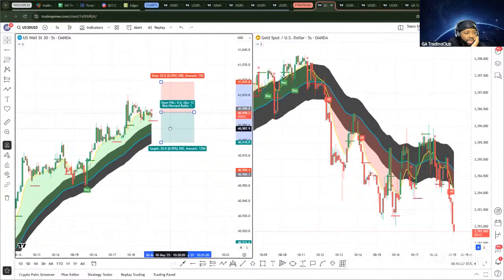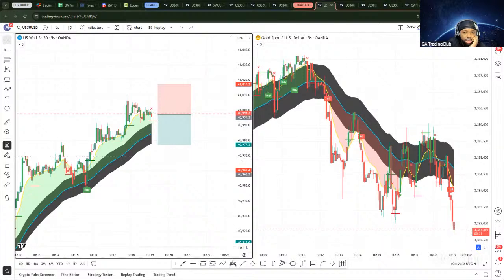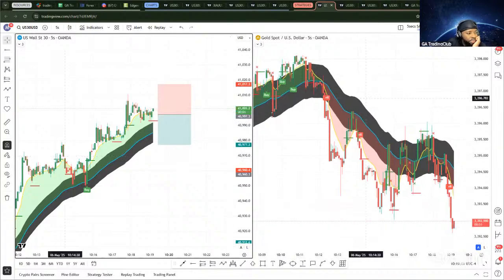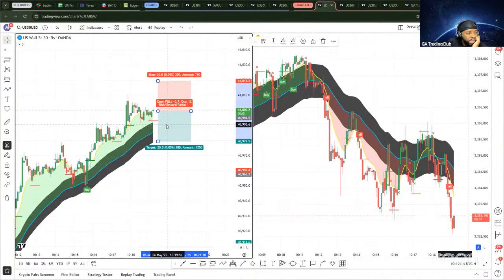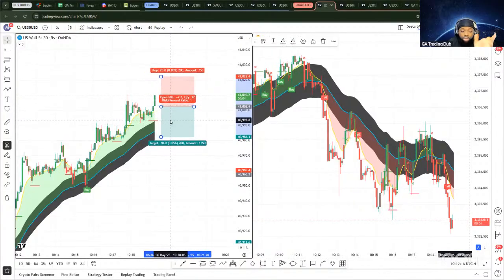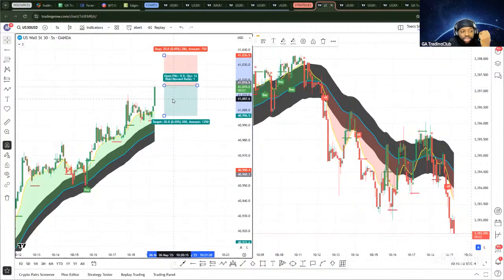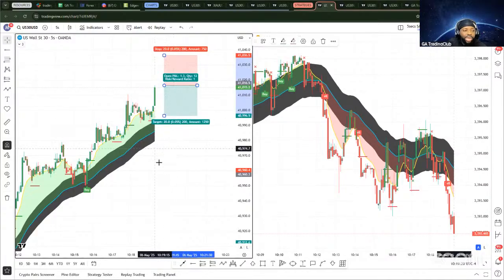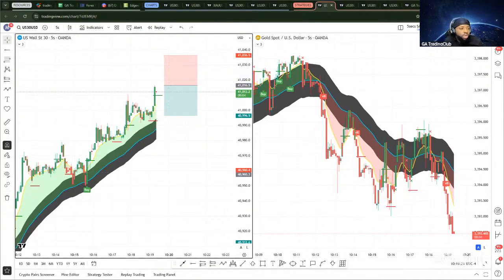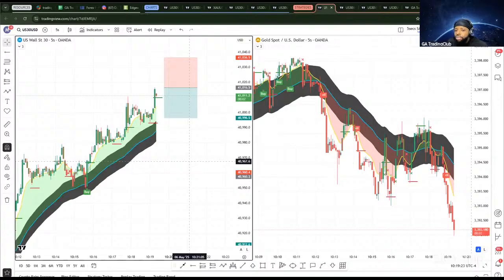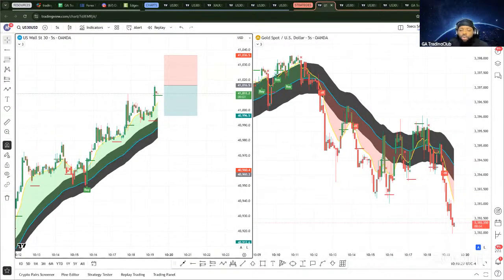Might be this next candle. Let's see. Nope. I keep waiting. So the higher it goes, the better, actually, right? So the higher it goes before giving us that red X, the better, because it gives better confluences for a nice quick reversal to the downside.